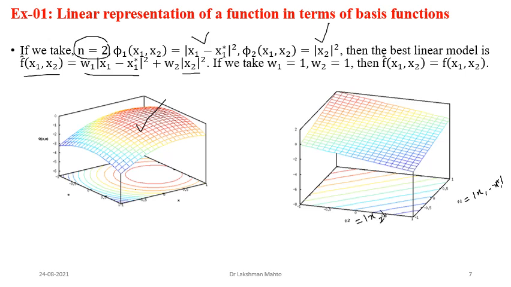So this is the linear representation of f. Here f is nonlinear in nature, but if you see this function with respect to this basis representation, then deep down the function itself behaves like a plane.